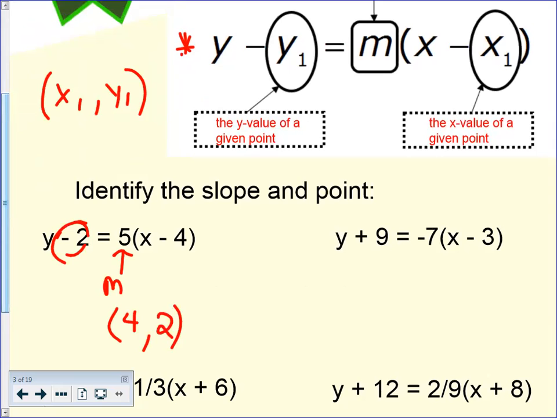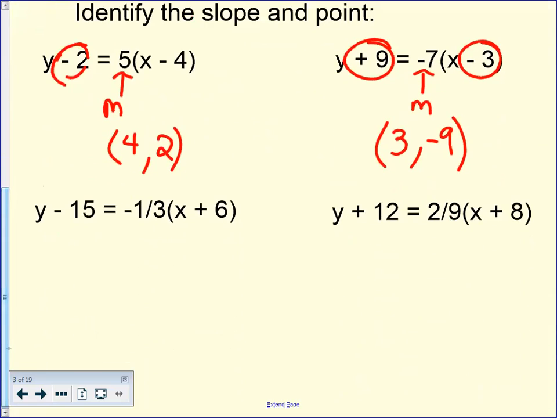On the next one, my slope is -7. My coordinate, I was -3 here, so my x is going to be +3. My y is +9, so it's going to be -9 in my coordinates. In this equation here, my slope is going to be -1/3.